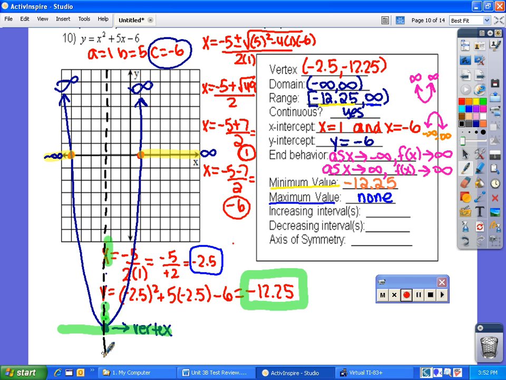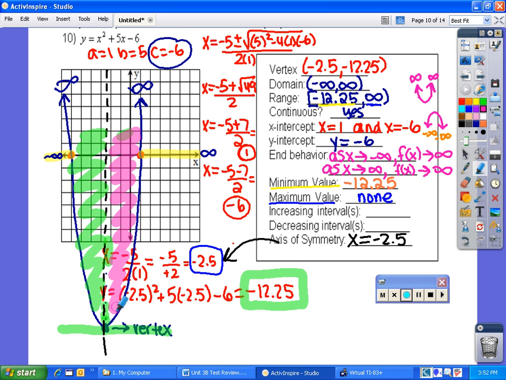Okay, so that line through the middle is called the axis of symmetry. Now, two things occur. Something happens on the left-hand side of the axis of symmetry, and something happens on the right-hand side of my axis of symmetry.